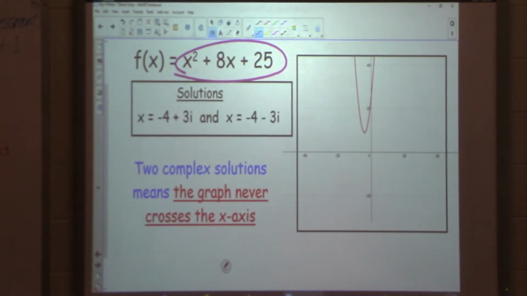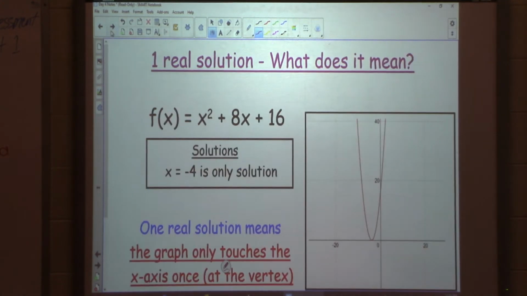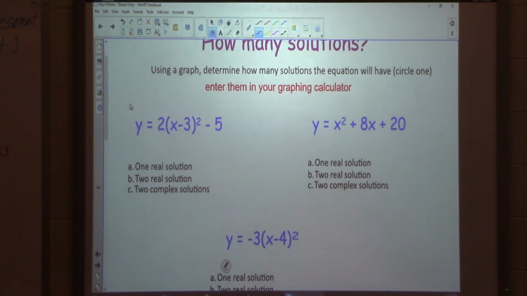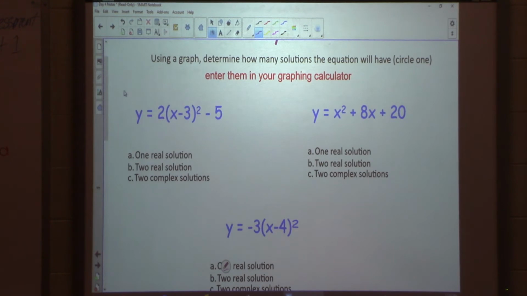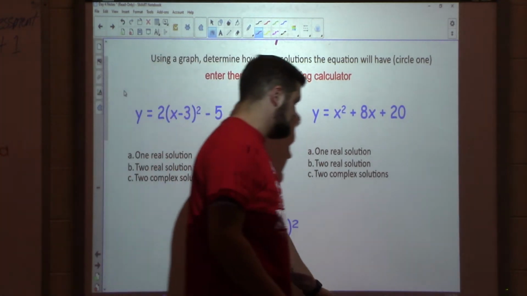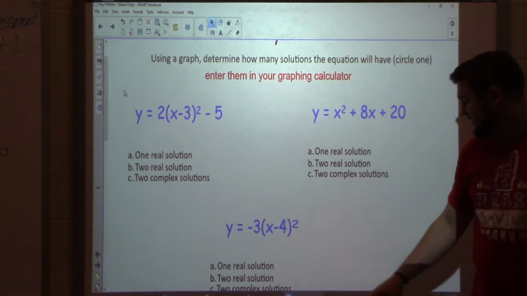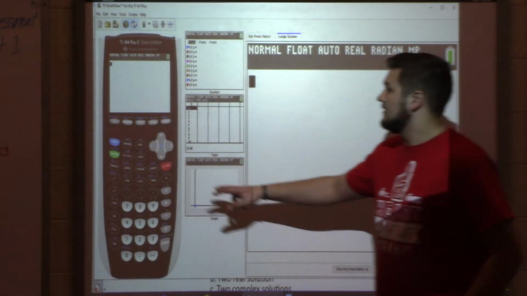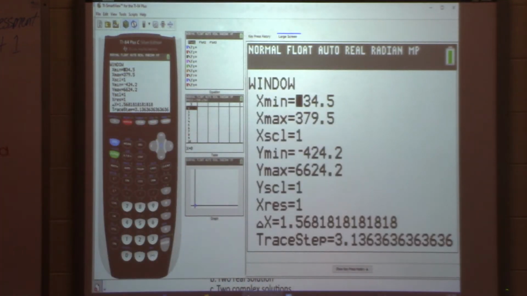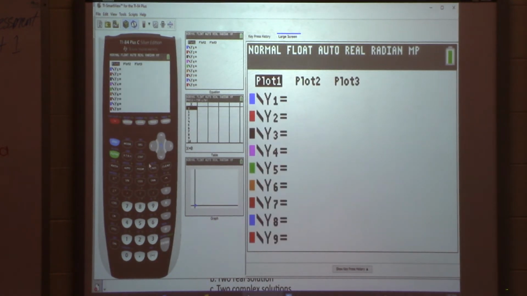Alright, so let's practice that. Take your graphing calculators out, please. The first one I want you to put in is y equals 2 times x minus 3 squared minus 5. And I'll do it as well. We might want to turn off, guys, remember we had our plots on last unit?